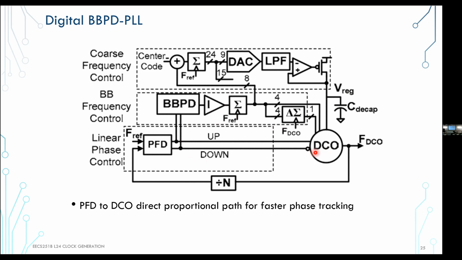So no filtering. And then you have an additional regulator loop where you can do coarse frequency tuning and a little bit of frequency lock, et cetera, right? But still, you have this integral path, which is fully digital bang-bang, and then you have this linear path that directly impacts the DCO, but everything is still digital, right?